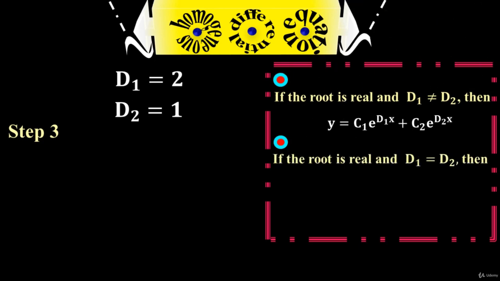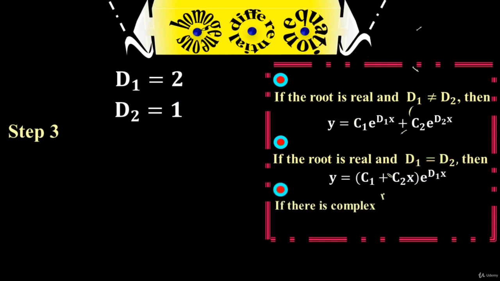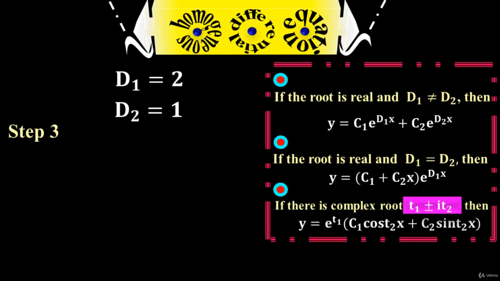If the root is real and D sub 1 equals D sub 2, then you're going to put this formula: y equals c sub 1 plus c sub 2 times x, into e to the D sub 1 x. Rule number 3. If the root is complex, t sub 1 plus minus i t sub 2, then I'm going to use this formula: y equals e to the t sub 1 x into c sub 1 times cos t sub 2 x plus c sub 2 times sin t sub 2 x.